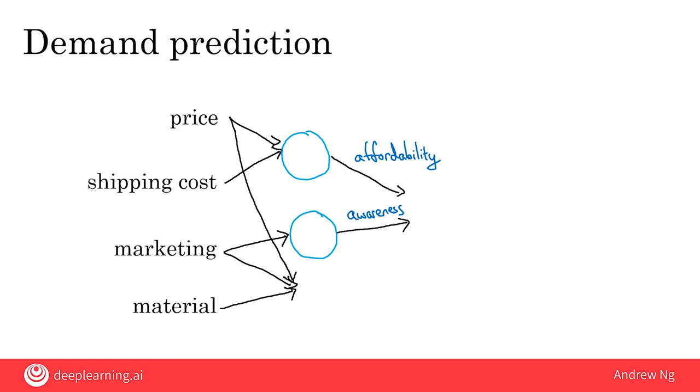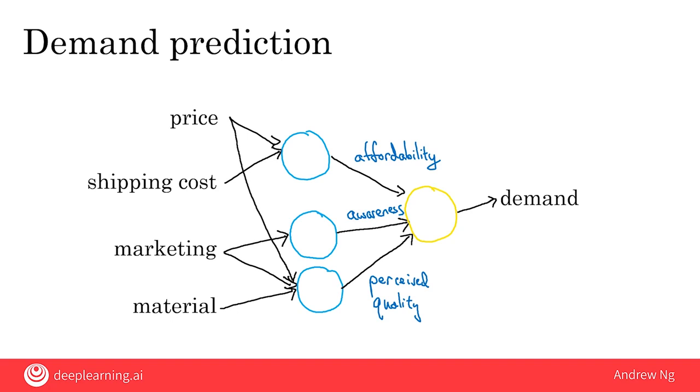So I'm going to draw here a third artificial neuron that inputs price, marketing, and material, and tries to estimate the perceived quality of your t-shirts. Finally, now that these three blue neurons have figured out how affordable, how much consumer awareness, and what's the perceived quality, you can then have one more neuron over here that takes as input these three factors and outputs the estimated demand.